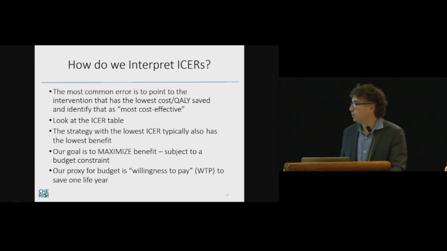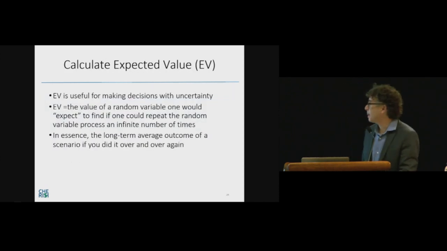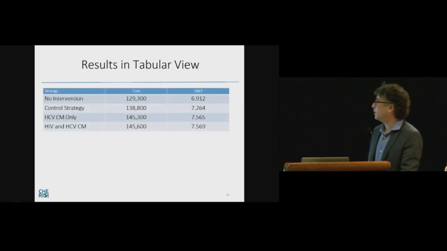But the issue is, if you look at the table, can you go back up actually 2 slides? That one, right? So if you look at this table, as we go down the table, we're actually getting more quality adjusted life expectancy, right?